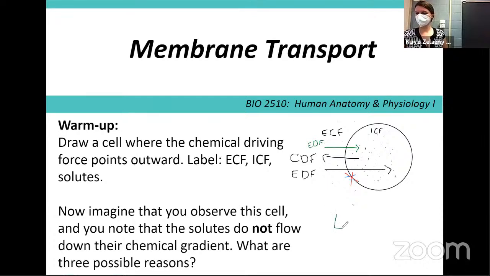Like they were talking about sodium, we'd have our equilibrium potential of sodium. If we're at that equilibrium potential, by definition, equilibrium means that we have no net movement. And the situation that would create that is if these two forces are equal but in opposite directions.